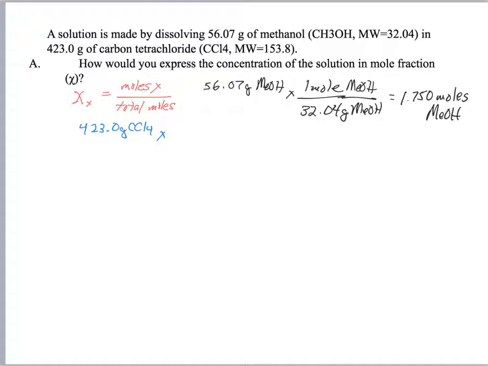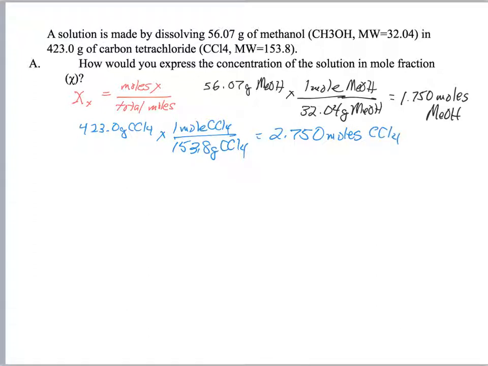We know the molecular weight, so we know that 1 mole of carbon tetrachloride is 153.8 grams of carbon tetrachloride. And so when we do that, we get 2.750 moles of carbon tetrachloride.